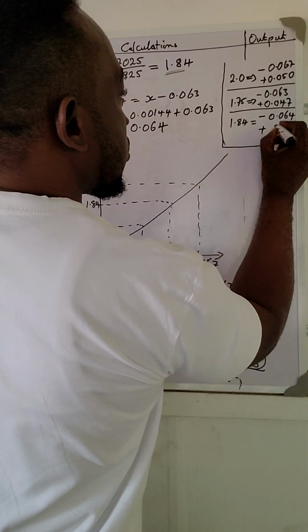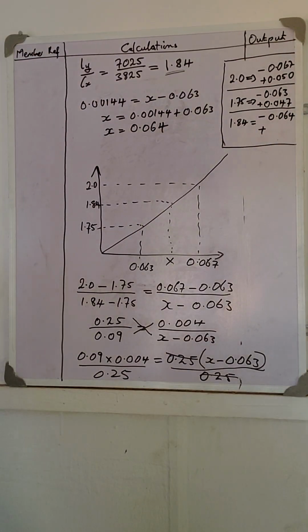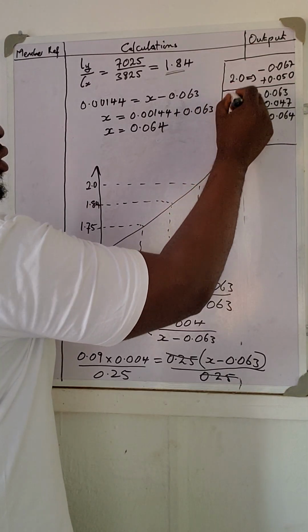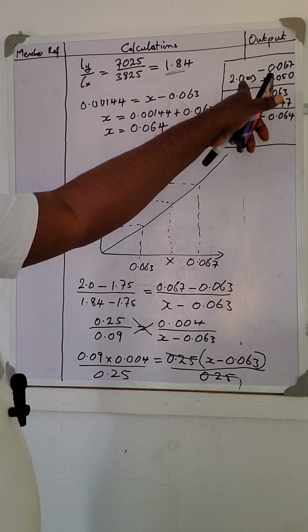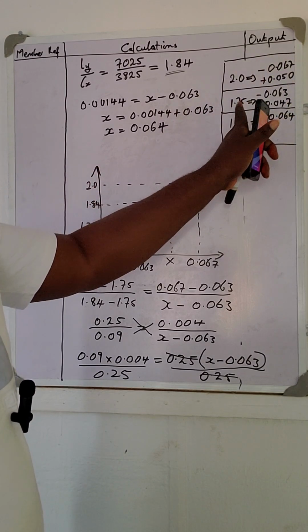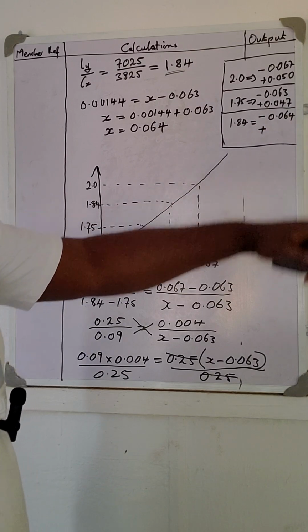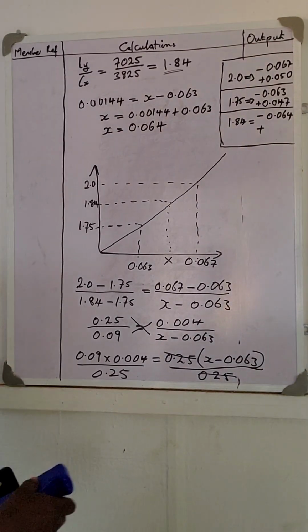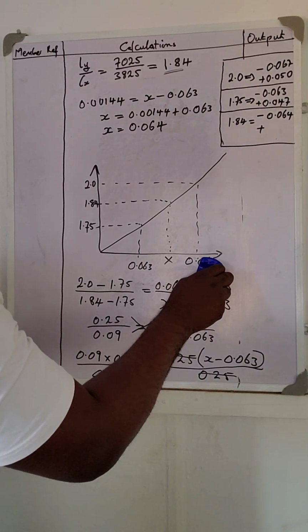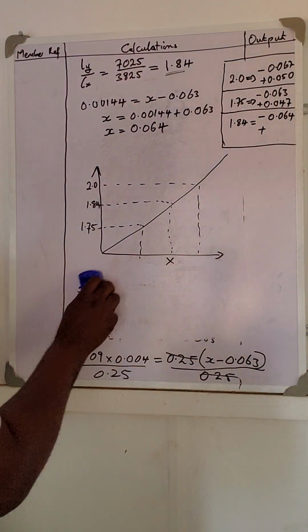Remember, we are now going to look for the positive moment coefficient, which is x. So for 2.0, we have 0.067, for 1.75, 0.063, for 1.84, 0.064. Now we're going to look for the value for the positive coefficient.